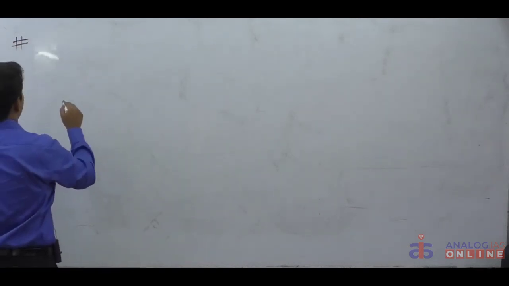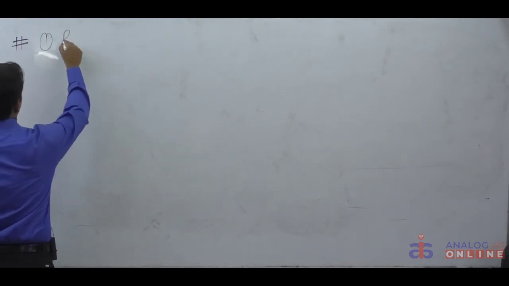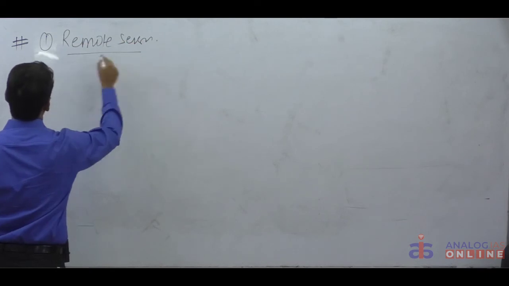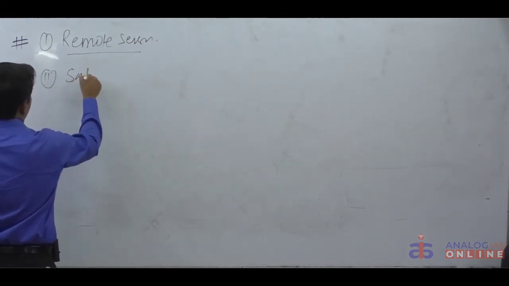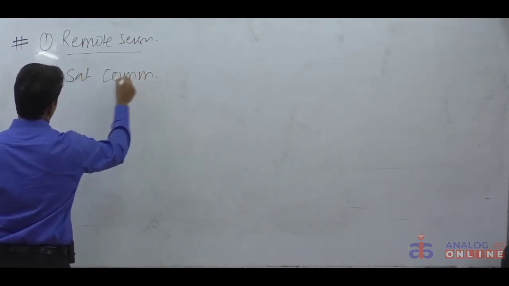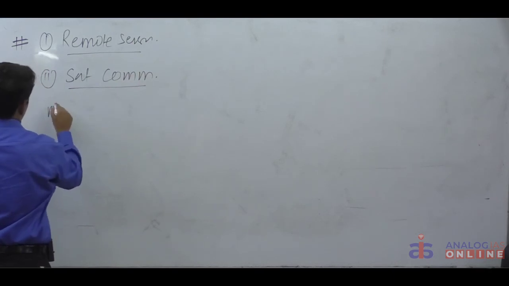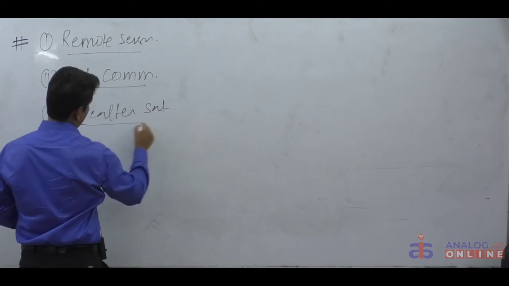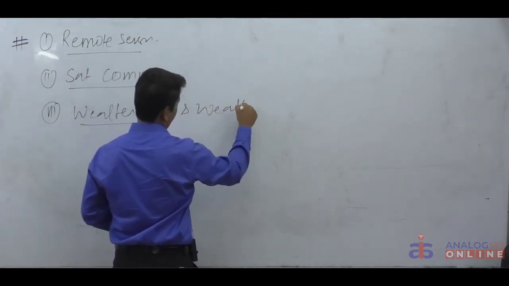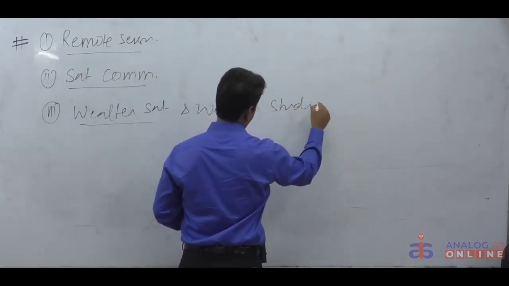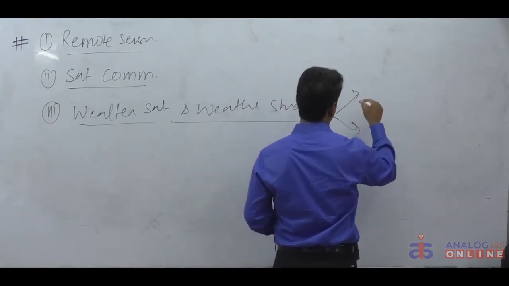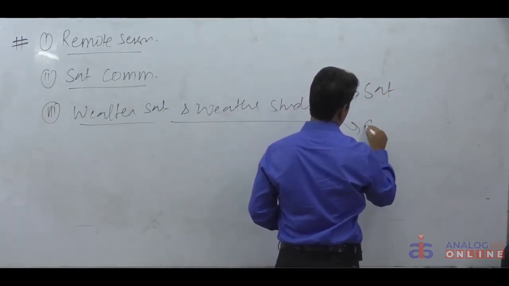There are topics that you have to understand: remote sensing, satellite communication. This is very important. Weather satellite and weather studies, meteorological studies, and there will be two segments of it: satellite and supercomputer.